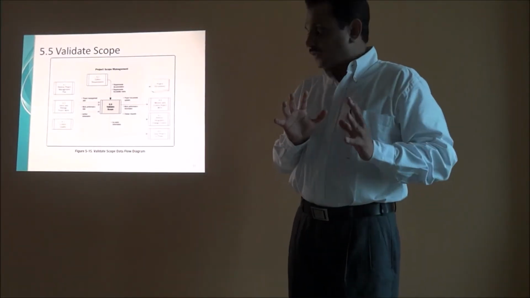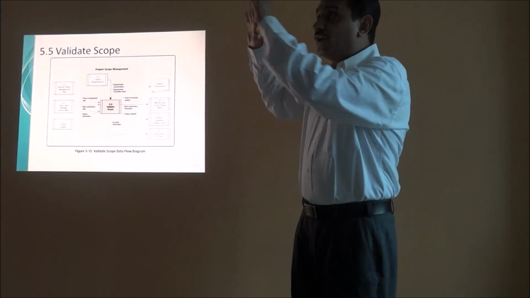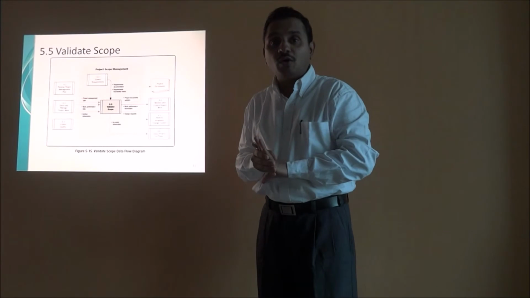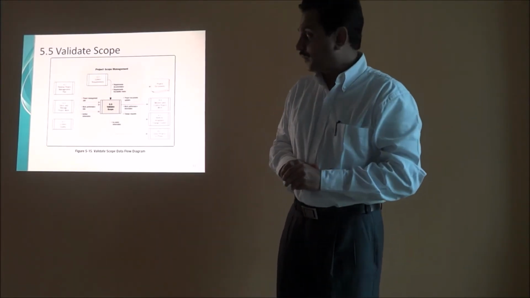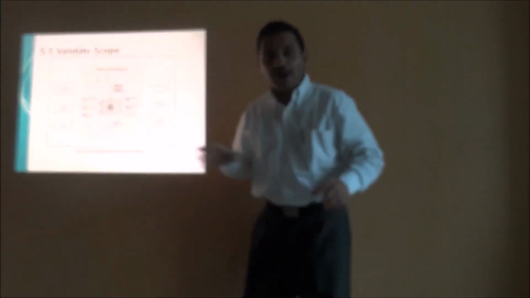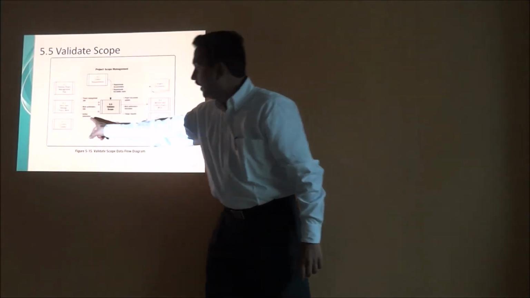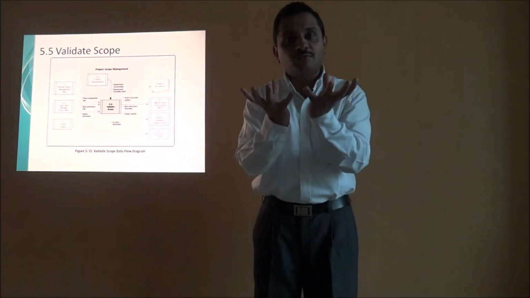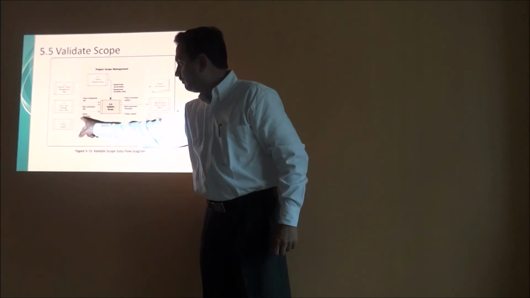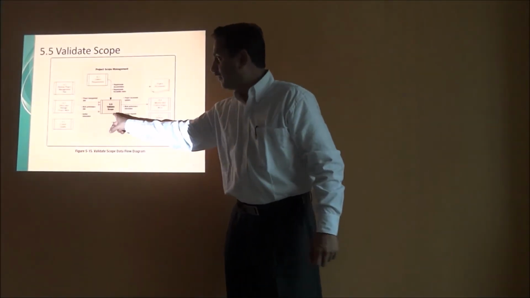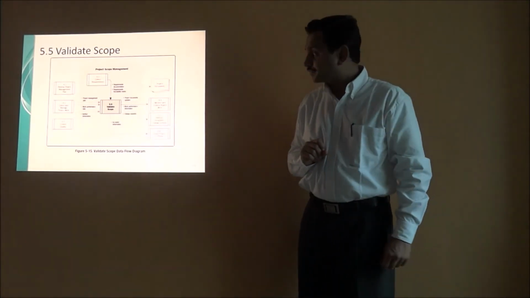That means the output of control quality, that is verification of the deliverable. Here the deliverable was the flat itself. Verification of the deliverable was an input to validation of scope. That means when Mrs. D'Souza came, verified deliverables had to be there for her to accept. Therefore you see, control quality feeds in verified deliverables to this particular process, validate scope.